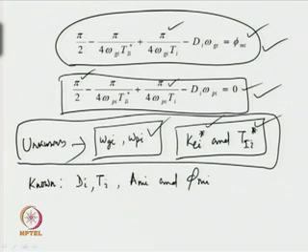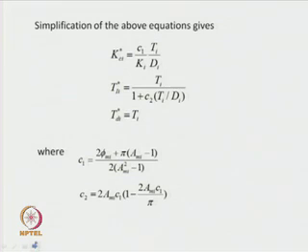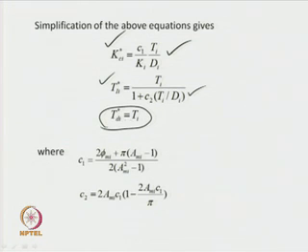it is possible to find explicit expressions for the unknowns, and those explicit expressions are obtained as K C I star is equal to C 1 upon K I, T I upon D I, T I star is equal to T I upon 1 plus C 2 times T I upon D I, and already we know that T D I star is equal to T I. This is the assumption we made at the beginning.